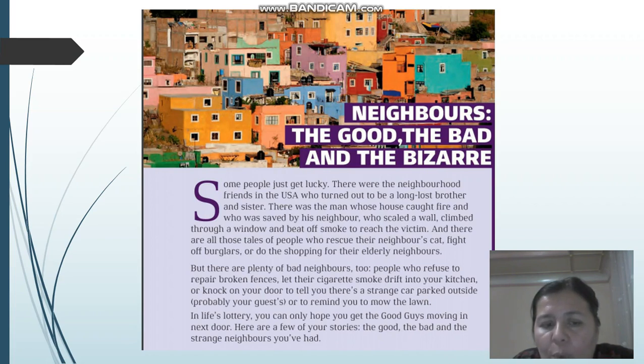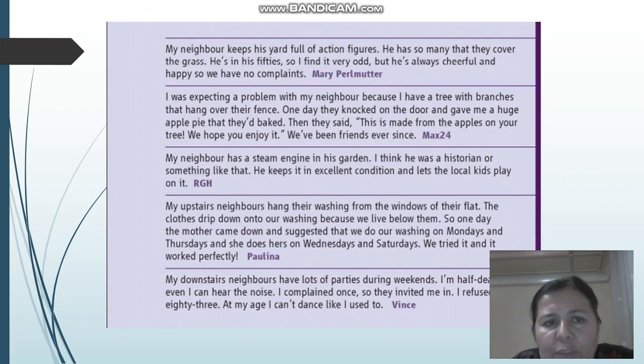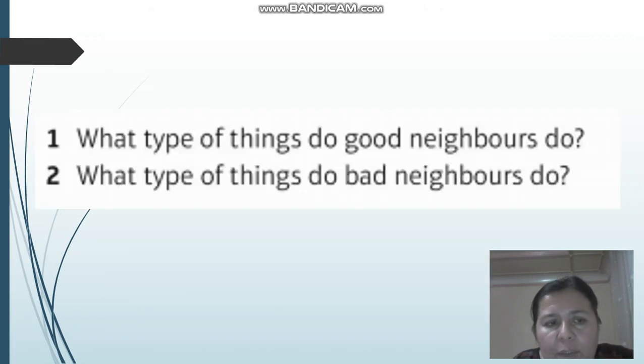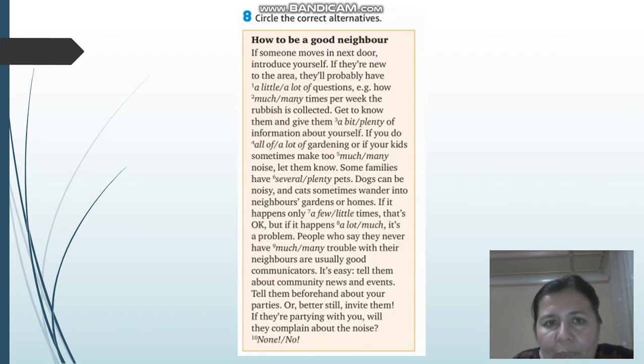And there are all those tales of people who rescued their neighbor's cat, fought off burglars, or did the shopping for their elderly neighbors. Read and try to answer the question you see here: what types of things do good neighbors do, and what types of things do bad neighbors do?